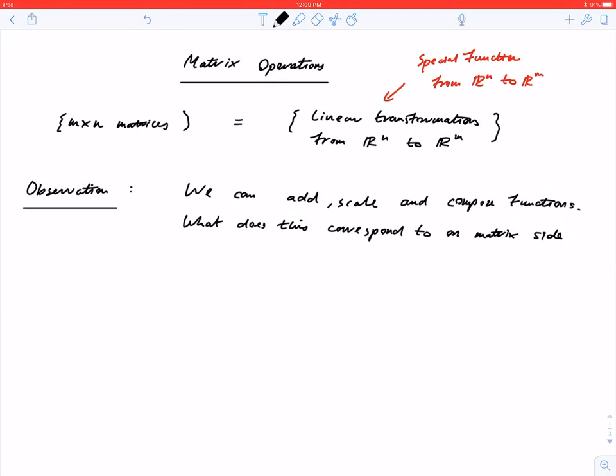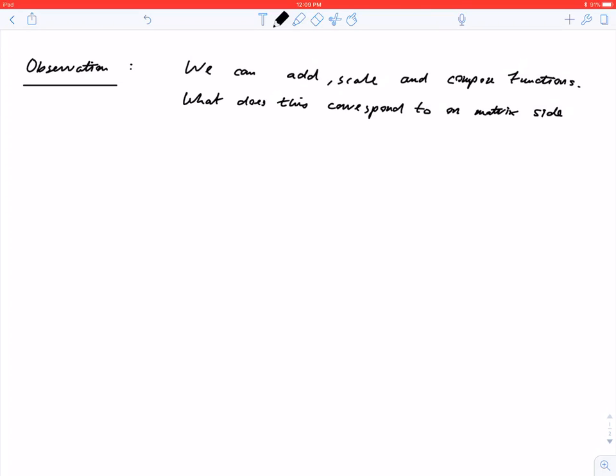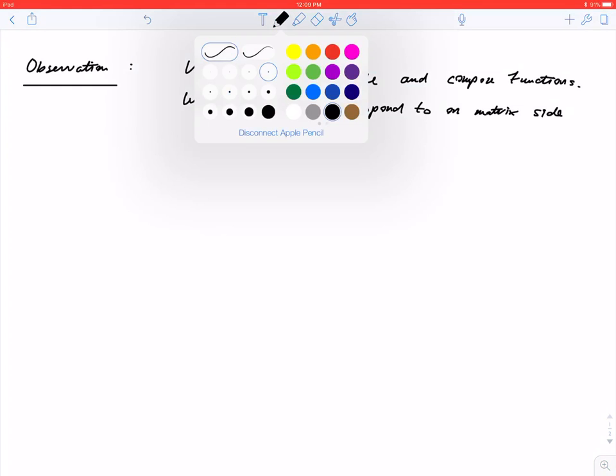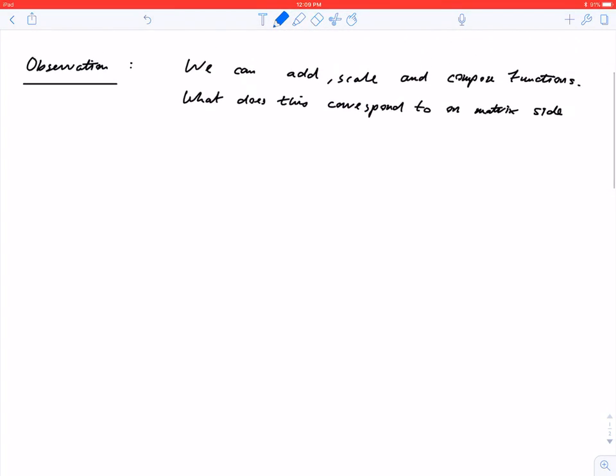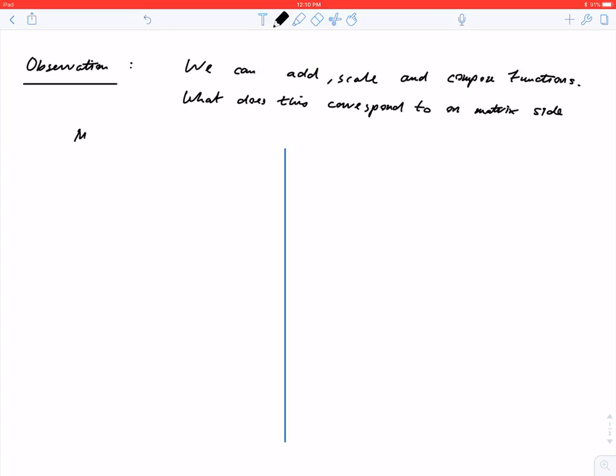For addition and scalar multiplication, this is quite straightforward. I'm going to go through it reasonably quickly, dividing what we're doing into two sides: one is the matrix side, one is the linear transformation side.